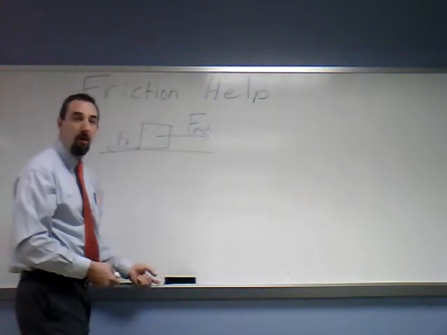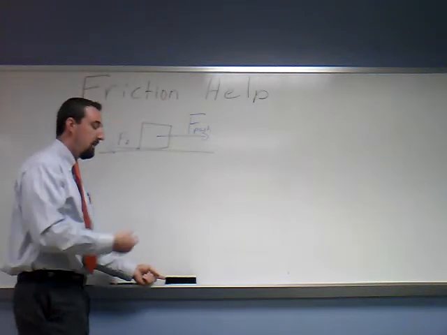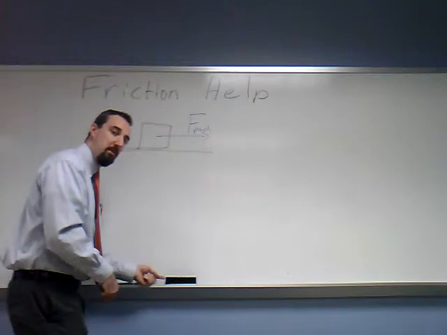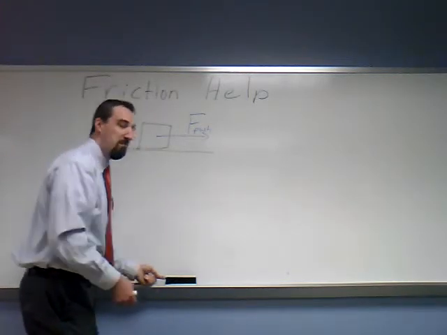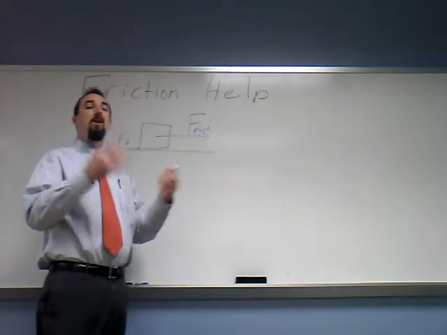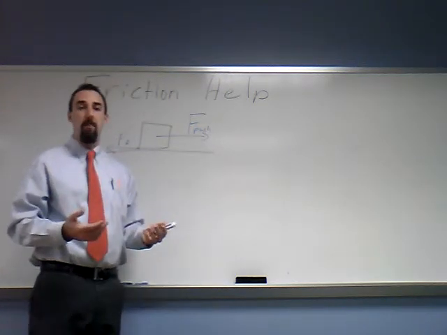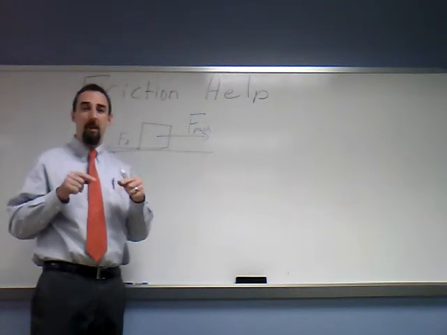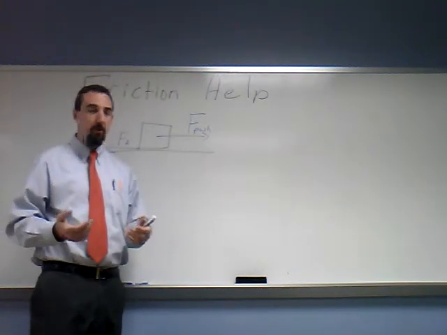It's only going to respond. So right now I'm pushing 1 newton, it's pushing back 1 newton. I'm pushing 2 newtons, it's pushing back 2 newtons. I'm pushing, say, 4 million newtons, and all of a sudden I can get it to move. So there's kind of a point where friction just can't push any further. And what we normally do when we're calculating friction is we calculate that point. What's the most it can push?